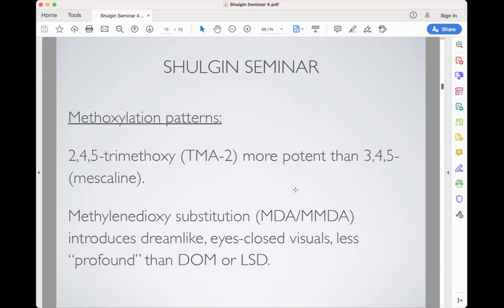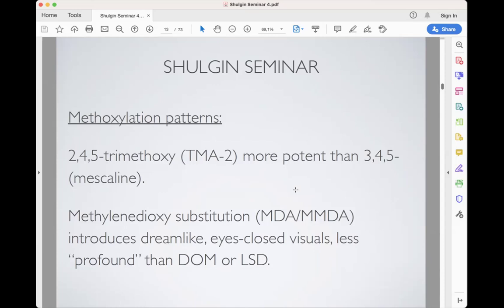The 2,4,5, or TMA-2, is the most potent, and in particular more potent than 3,4,5, that is mescaline. The 2,4,5 orientation is about an order of magnitude more effective than the 3,4,5 isomer, and it still retains much of the qualitative nature of mescaline. So these are two things that he notices in this structure-activity relationship analysis.